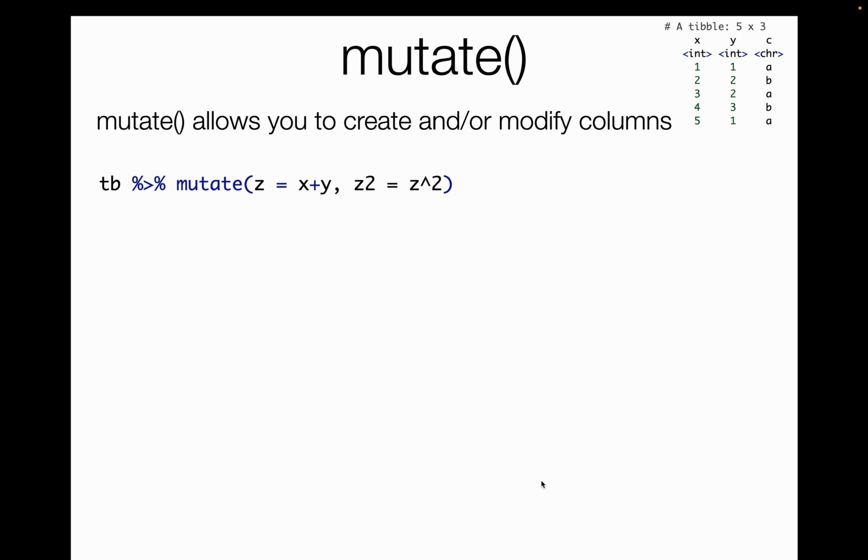Here's another sort of interesting quirk about mutate. It's a feature, not really a quirk. Mutate z is equal to x plus y, and then I use that. It hasn't been defined before, so it's not part of TB, but I define z as x plus y, and then I say z2 is equal to z squared.